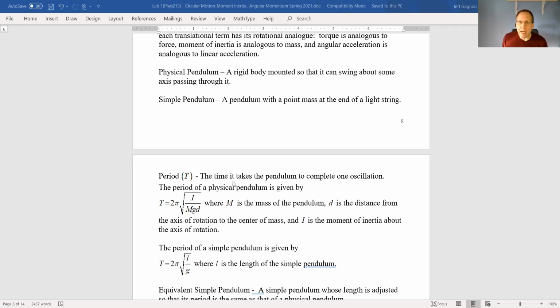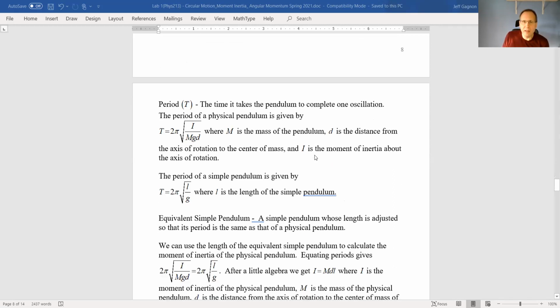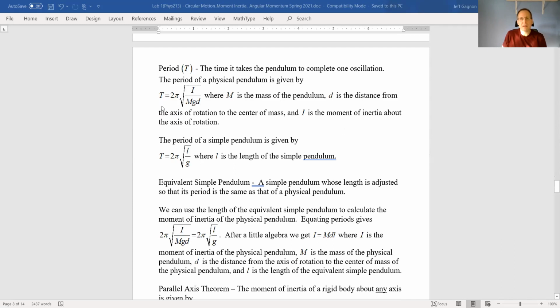So it turns out that the period of a physical pendulum is given by this formula. Remember, T represents period. It's 2 times pi times the square root of the moment of inertia of that physical pendulum about the point of rotation, divided by the mass of the physical pendulum times g times d, where d is the distance from the axis of rotation to the center of mass.